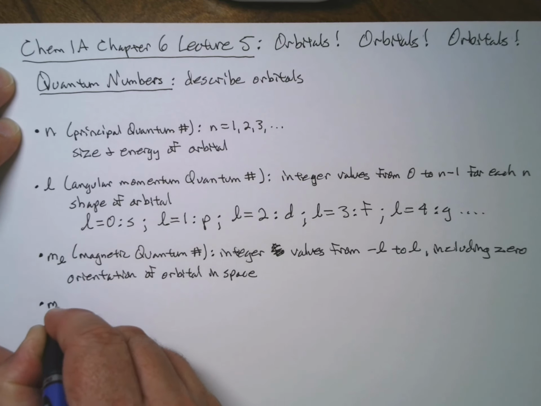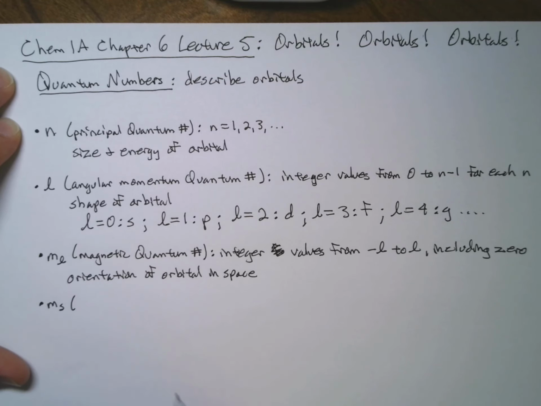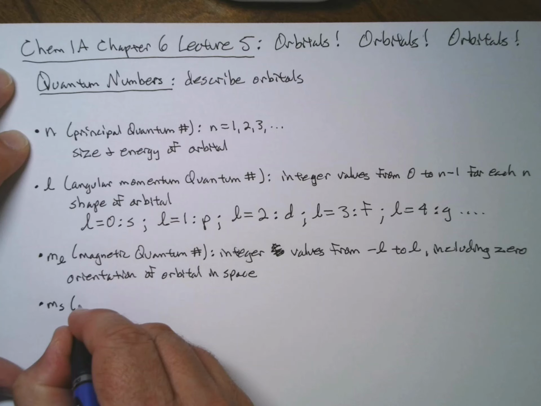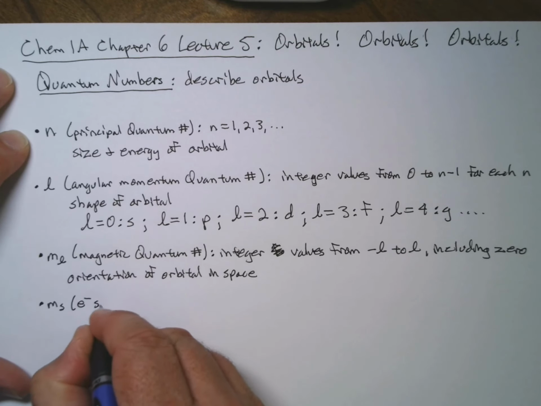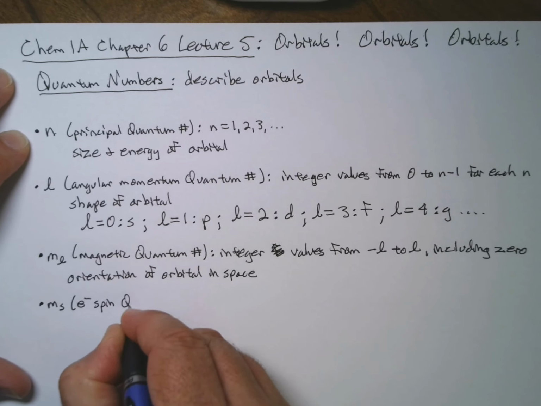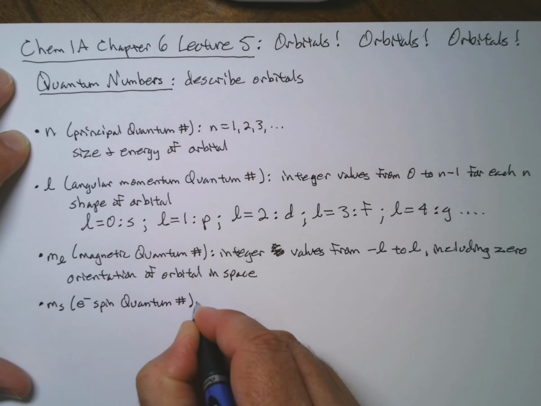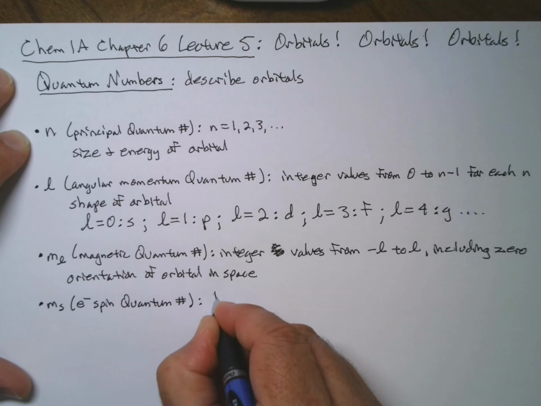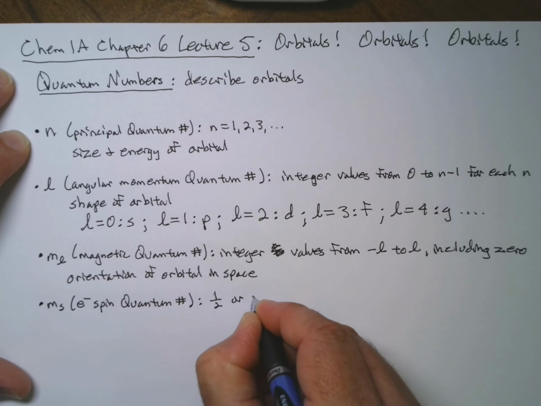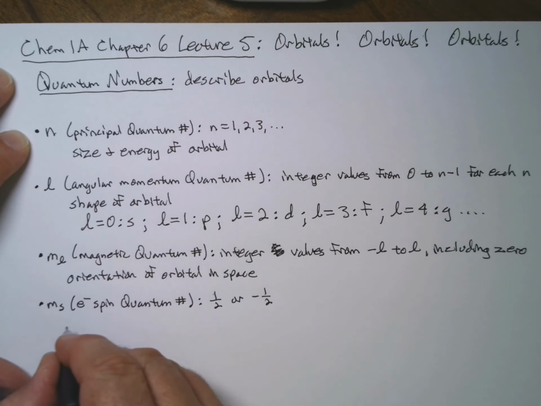And then the last quantum number is m sub s, which is the electron spin quantum number. And this is 1/2 or minus 1/2.